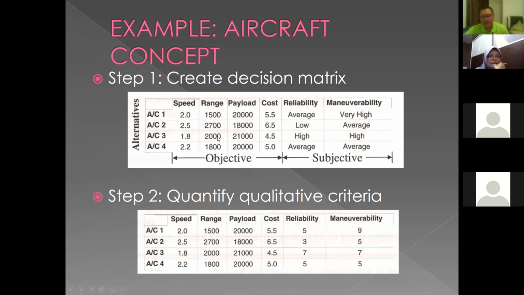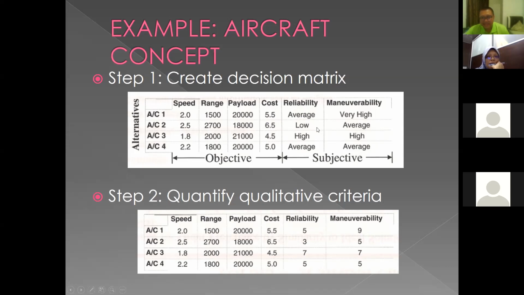And payload, you can see 20,000, 18,000, 21,000, and 20,000, normally in pounds, British unit. And cost 5.5, 6.5. I have no idea which currency they are using. I think it's just numbers.